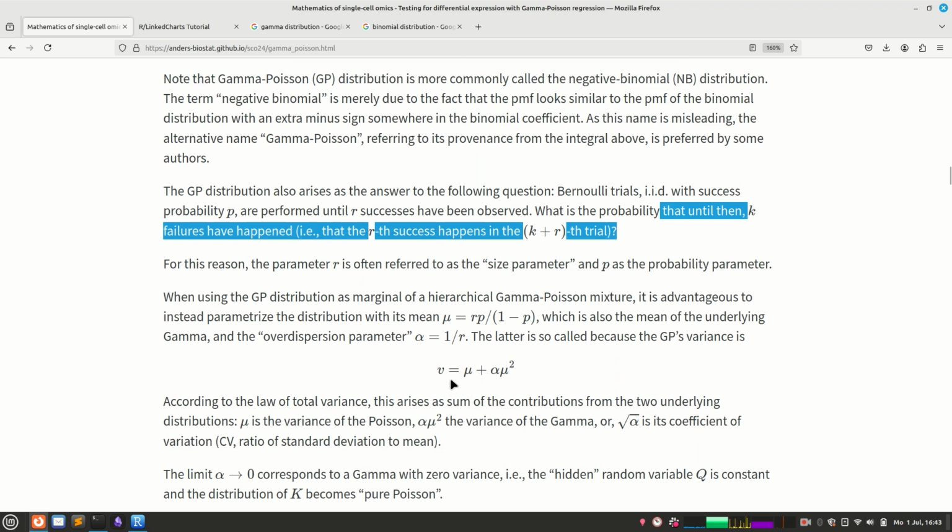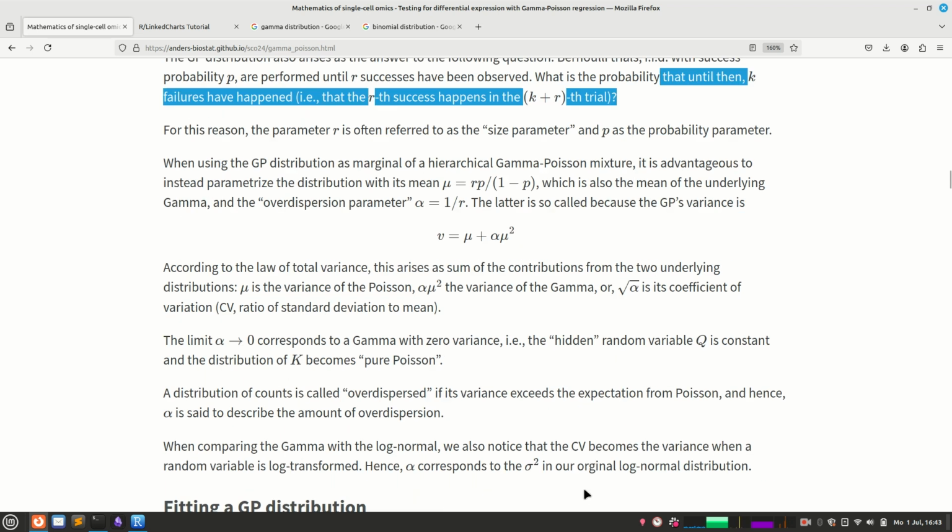The actual variance of the gamma Poisson is the variance of the Poisson plus the variance of the gamma, and it's usually parametrized like this with this alpha, so that you can say variance is mean plus alpha mean squared, because this means that alpha is something like the extra Poisson part, the coefficient of variation of the gamma. The gamma has variance v and mean mu, so it has a coefficient of variation of sigma over mu, and this squared is what we have here as alpha.